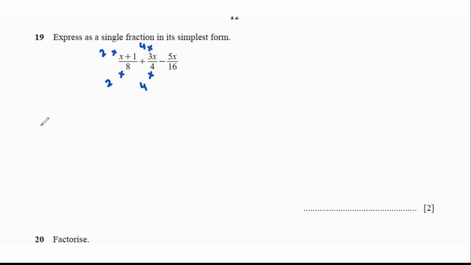So now if we do that, we're going to have 16, 16, and the last 16 remains as it is. The denominators are equal now.